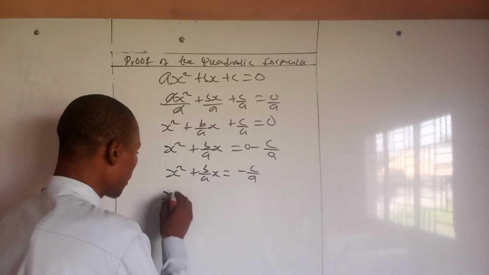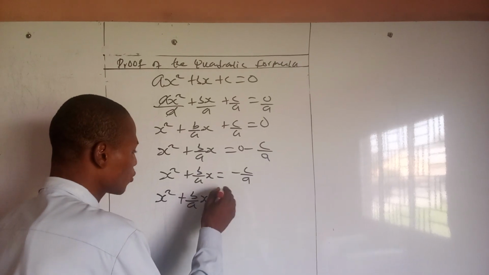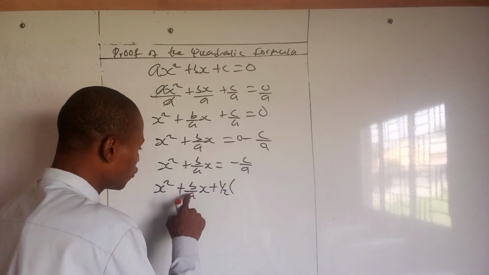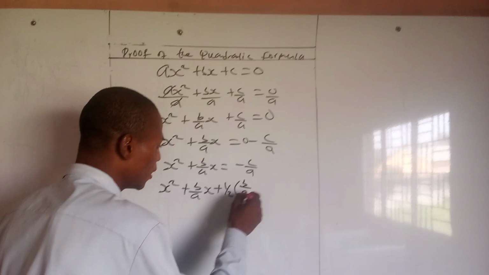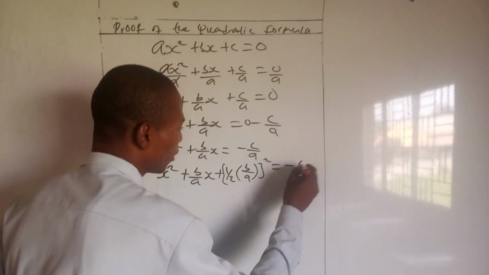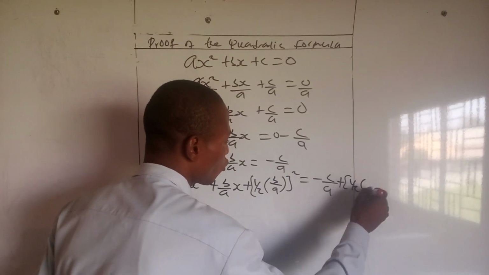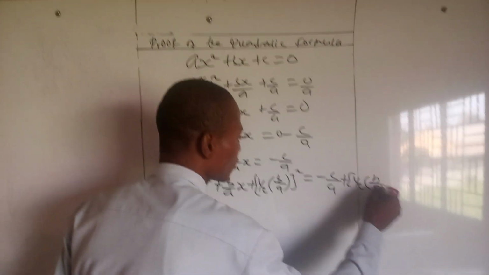So we have x squared plus b over a x plus a half of the coefficient of x, which is b over a, squared. The same thing to the other side: minus c over a plus a half the coefficient of x.